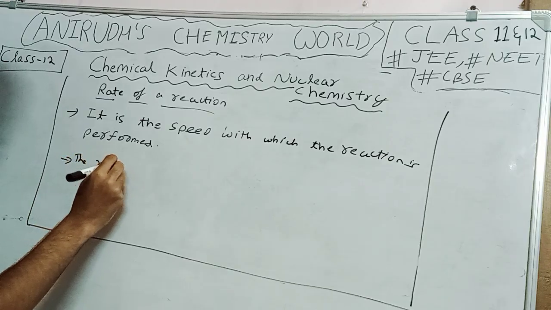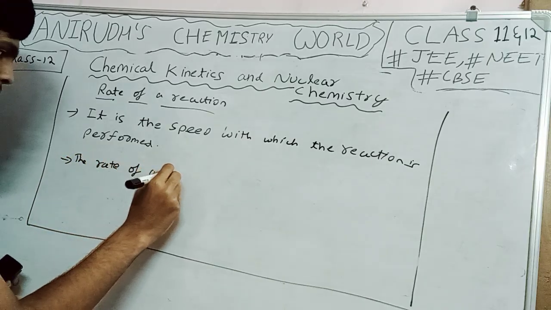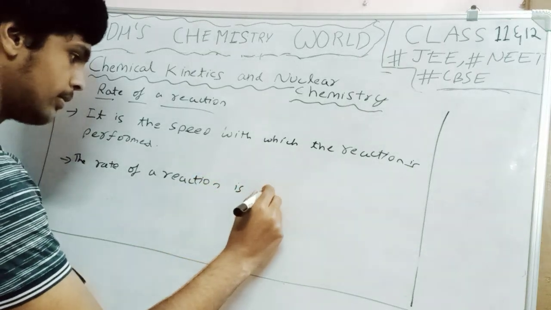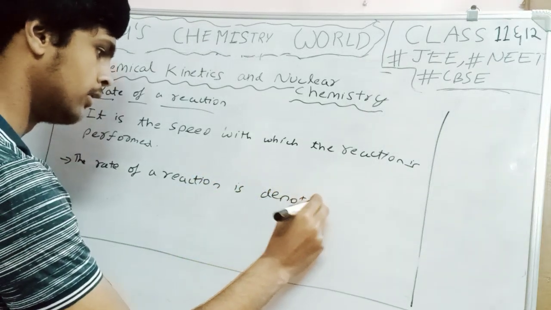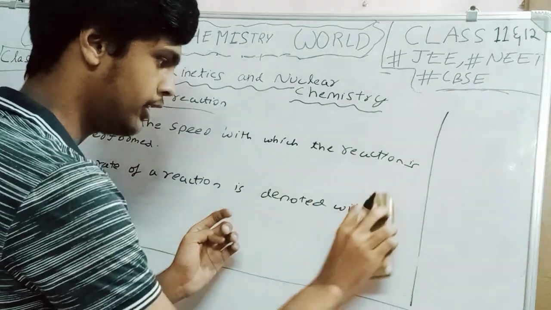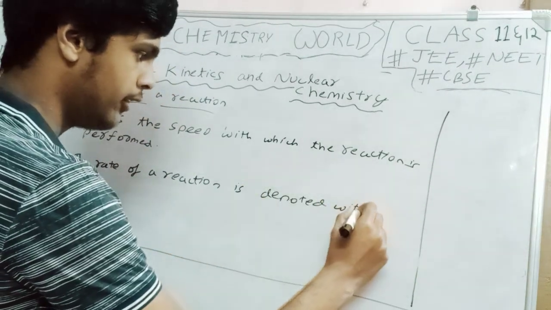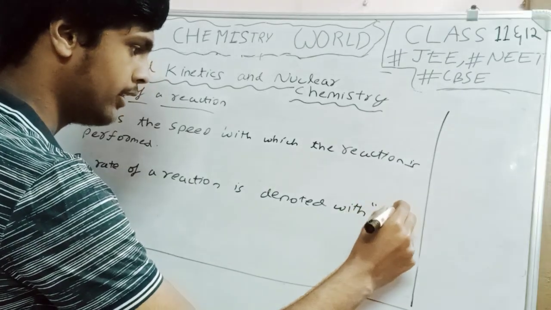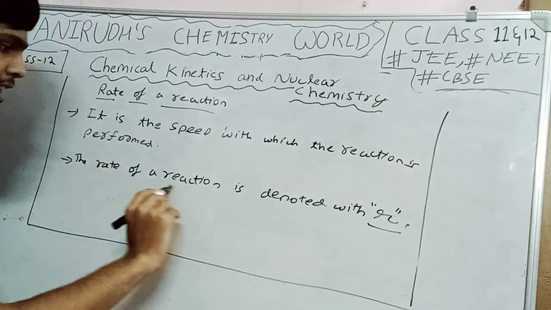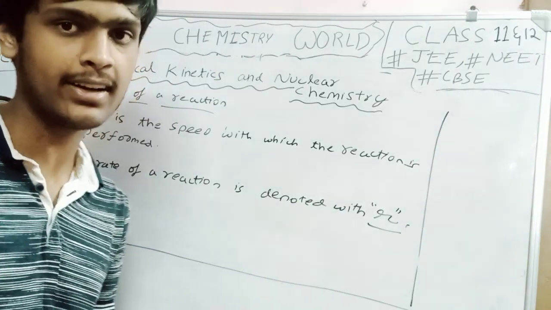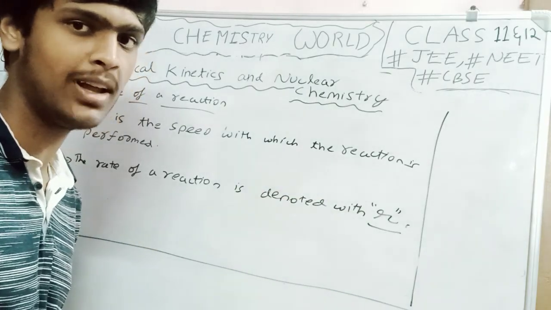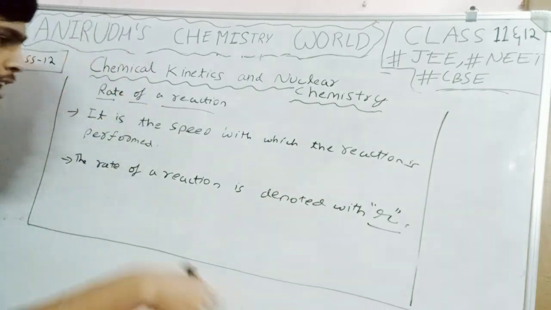The rate of a reaction is denoted with R, in normal writing, letter small r. This is the symbol which you will see in the rate of reaction. No need to worry about this; you will see it in the formulas and other concepts linked to this.